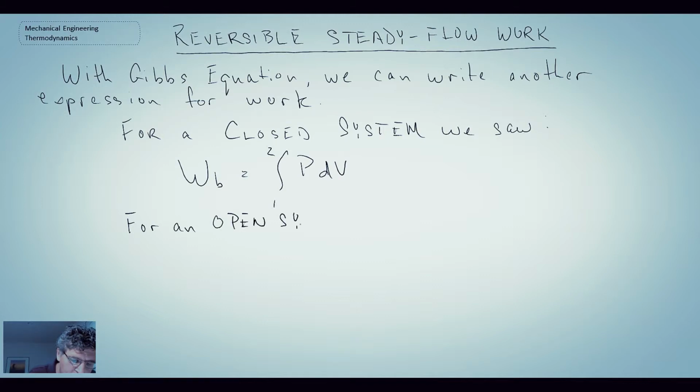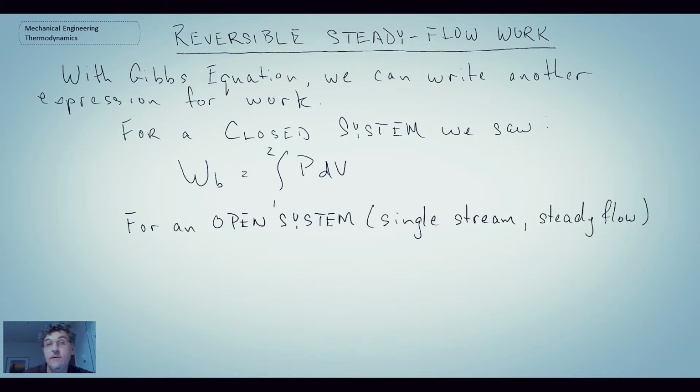we can use the first law to come up with a formulation for the work in a steady flow device. So let's take a look at that now. Let's assume that we're dealing with a single stream, steady flow, and we'll also assume that we do not have heat transfer, nor do we have change in kinetic energy or potential energy.